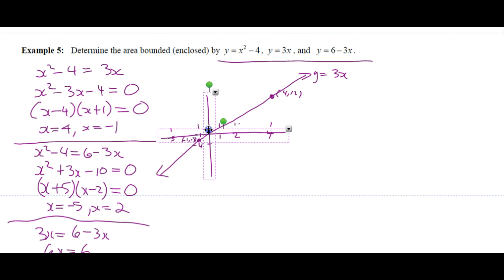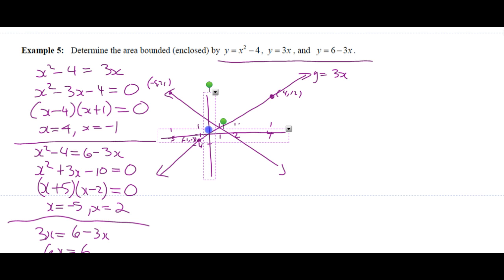When x is negative 5, we're going to get 6 plus 15, it's going to be 21. So negative 5, 21. And at 2, 6 minus 6 is 0. So 2, 0. So 6 minus 3x is coming down like this.